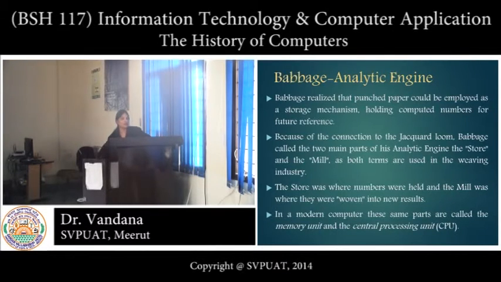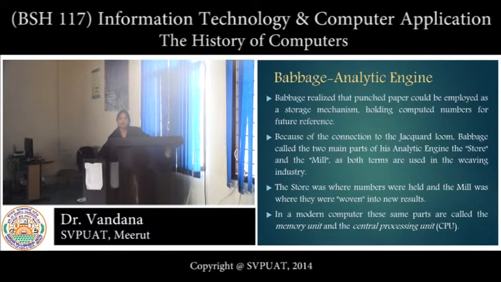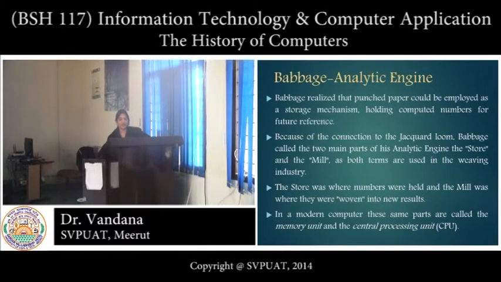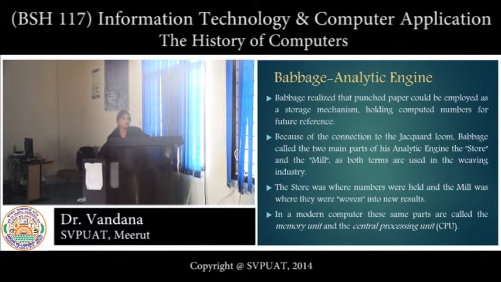As indicated by its name, store we use for storing the data, whereas mill was taken as the woven or the processing part of the machine. And in modern computers, these units are known as the memory unit and central processing unit respectively, store and mill.